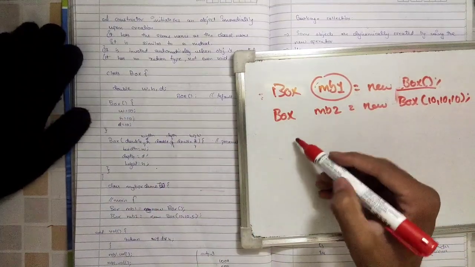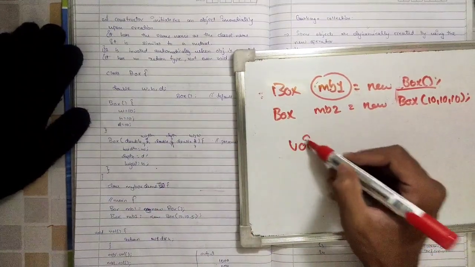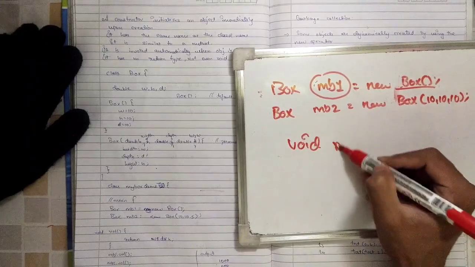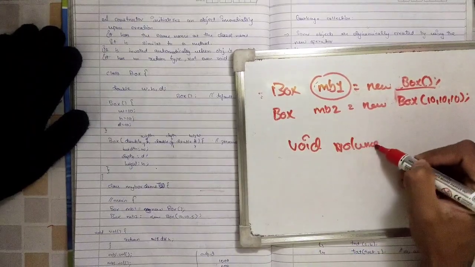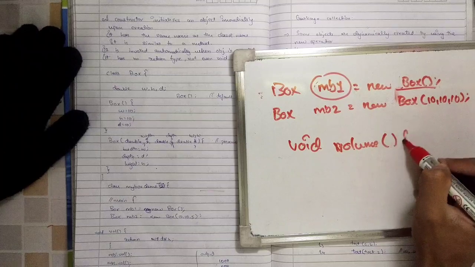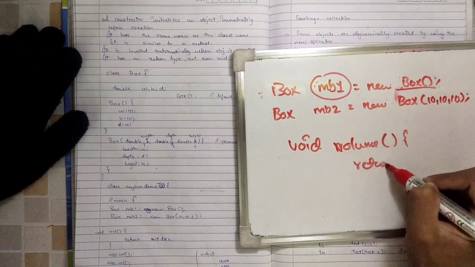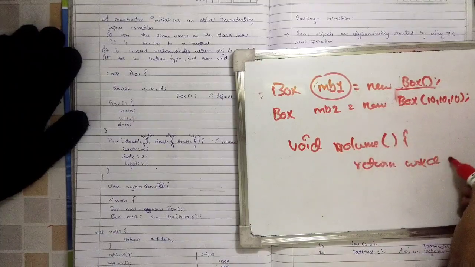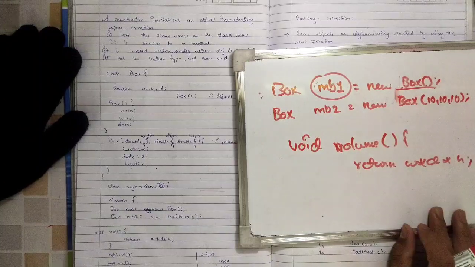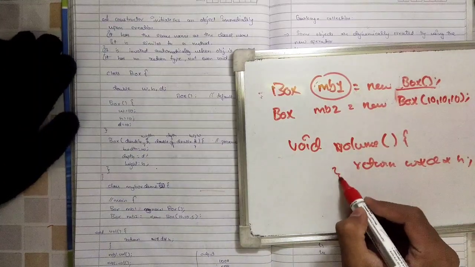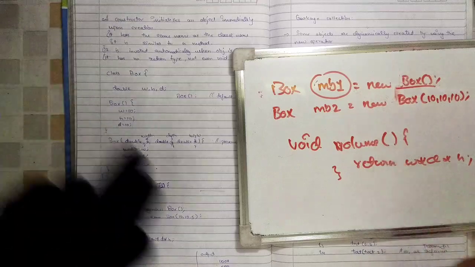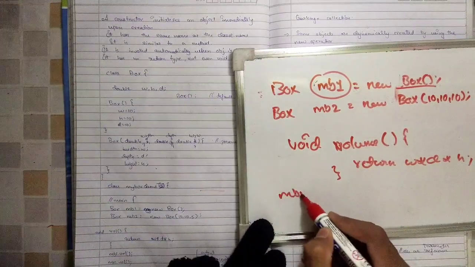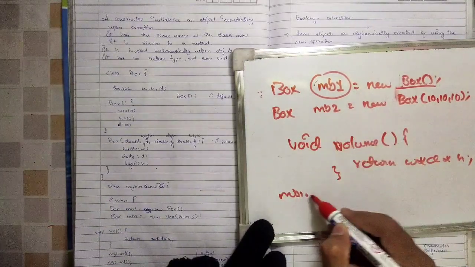Then I declared one method over here, void volume, like this. In that I have written return w star d star h. Now if I want to call this function, how will you call it? First I will call with the help of the first object, mb1 dot volume.